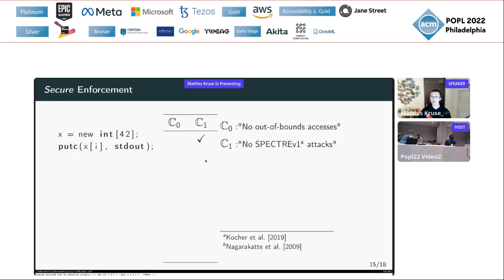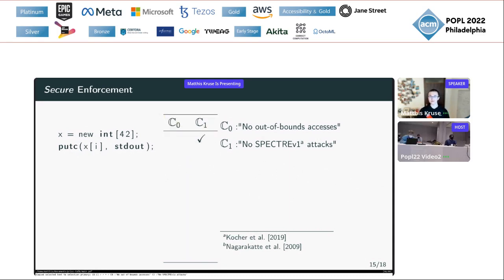So we do not know whether C0 holds, since we do not know the value of i. But we know that the program is not violating C1, thus the speculative leaks. Of course, I'm ignoring the details of the actual implementation of the operator new and the function putC, but let's just ignore that for now and view this as given.